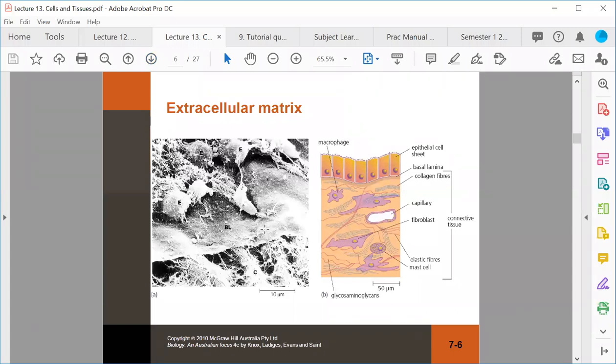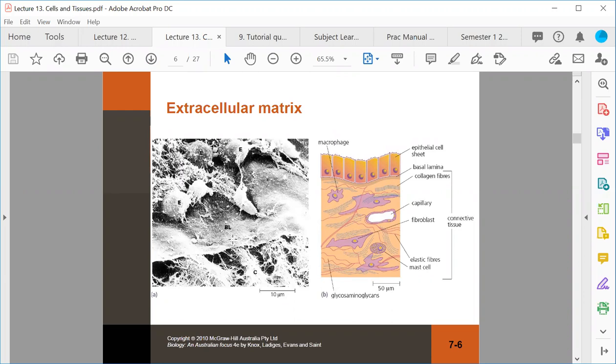To the left, we have some upper epithelial cells. Underneath that, we have this very tough sheet of basal lamina. Remember, that's one type of extracellular matrix.